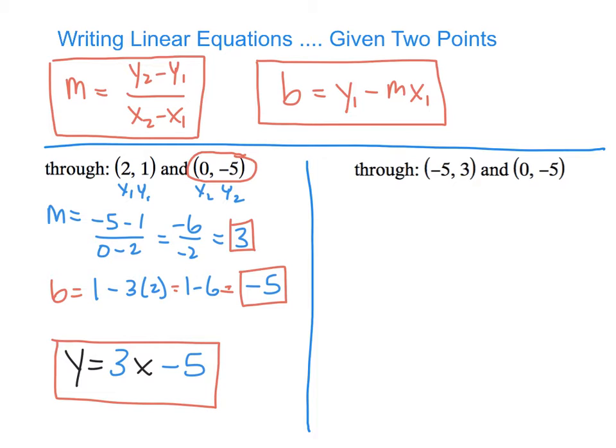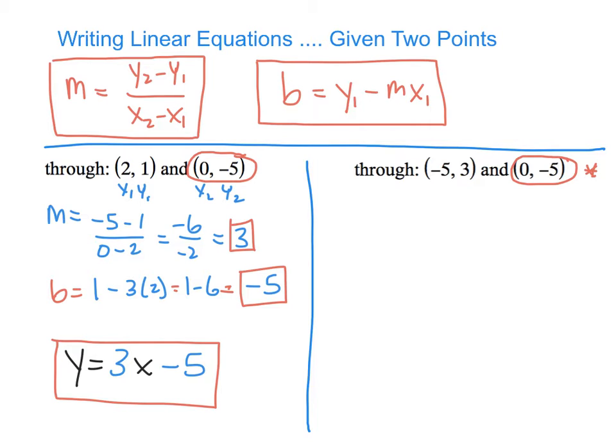So if you're paying attention and you have a point that starts with 0, you know that that other point is b. You'll notice in my second example here, this is just an odd coincidence that this is already the y-intercept, negative 5 again. I'm going to run through the calculation because you're not always that lucky. But keep in mind that if you see it, you can write down b right away.